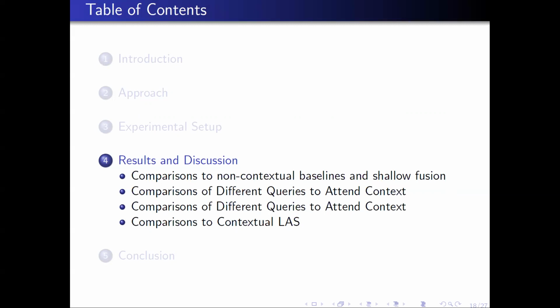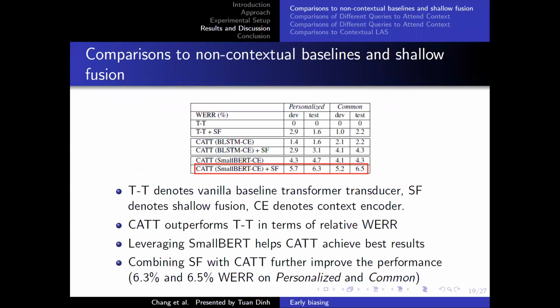This section presents comprehensive experiments to evaluate the performance of CAT. In the first evaluation, CAT is compared to a non-contextual baseline and shallow fusion.